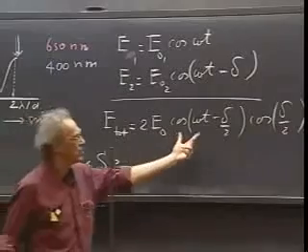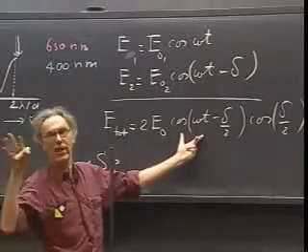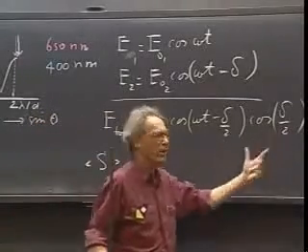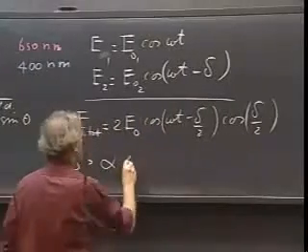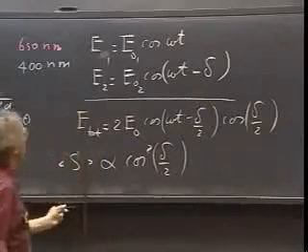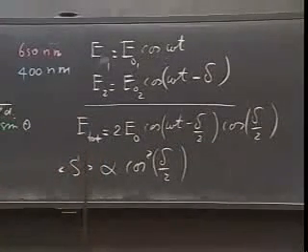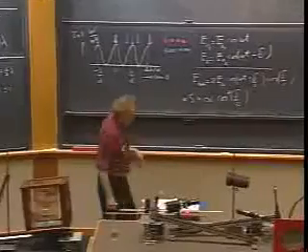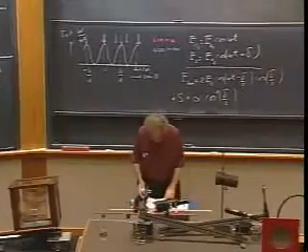But the average of the square of the oscillating term is 1/2, so forget that for now. And so it is going to be proportional to the cosine square of delta over 2. Delta is linearly proportional to sine theta, and this curve that you see is a cosine square curve.